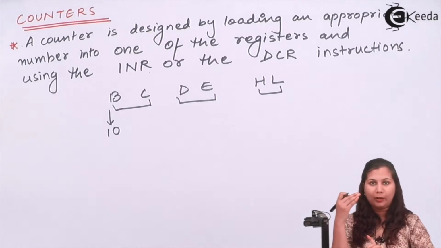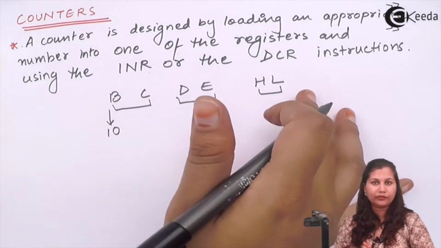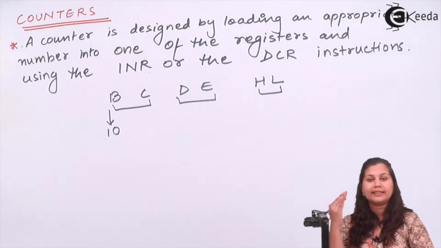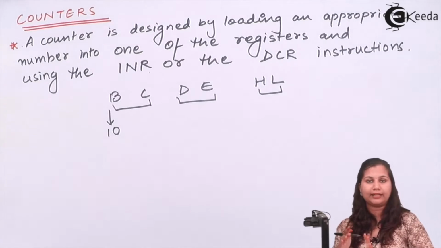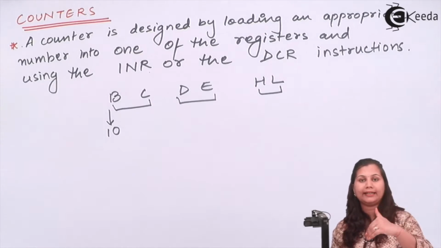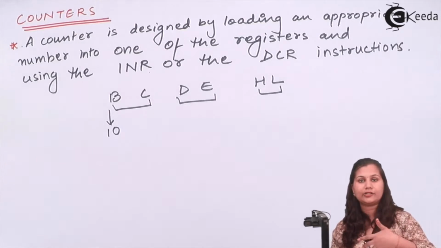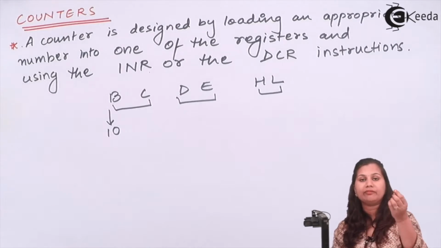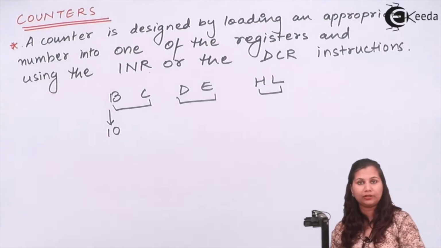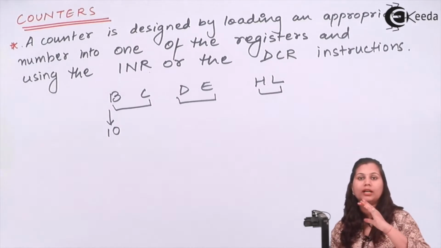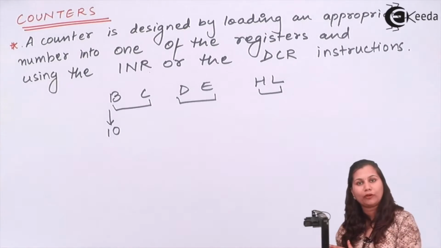So we will write the instructions for that. We will start a counter. We will initialize any of the registers with 10, and then we are going to decrement that counter till that counter is 0. So 10, 9, 8, 7, that many times the addition task will be repeated. And when this register becomes 0, then the microprocessor will come out of that loop.